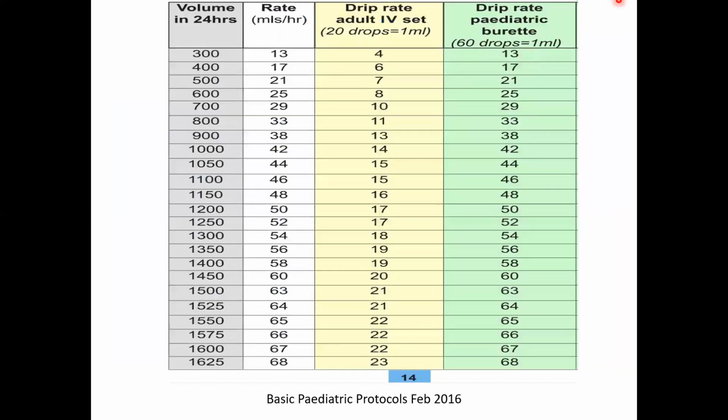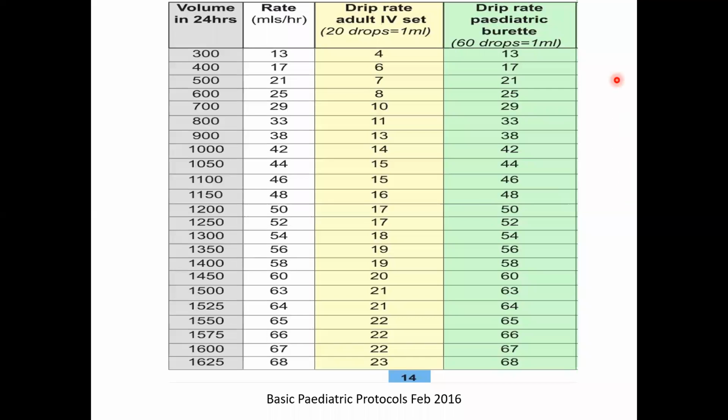So this is an excerpt from the basic pediatric protocols. And it's a useful guide in determining how many drops of fluids to calculate when you want to give fluids. It's always good to have the pediatric burettes as opposed to the adult burettes, because it actually makes life much easier.